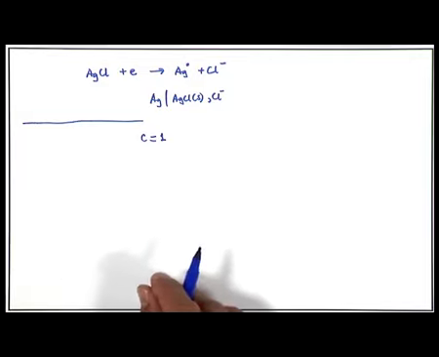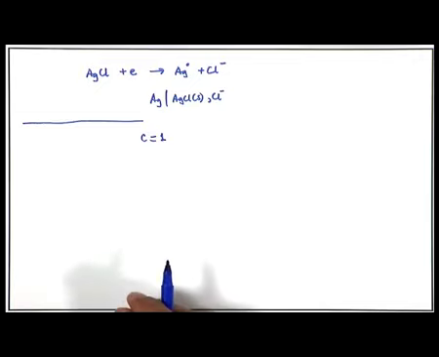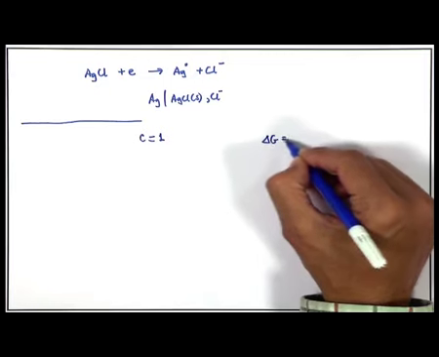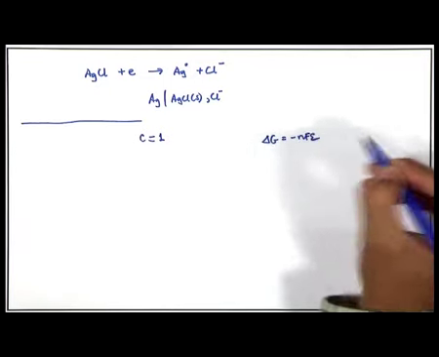Now, if we apply thermodynamics while evaluating the delta G of the chemical process, we make use of the expression that delta G is equal to minus nFE cell.